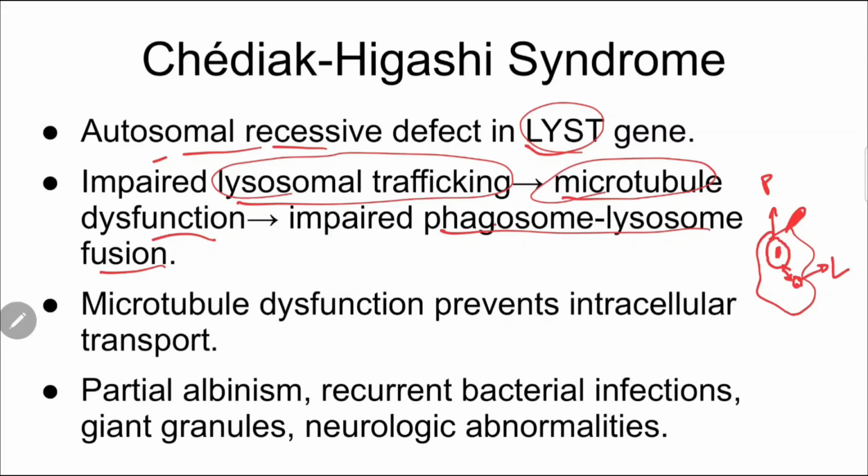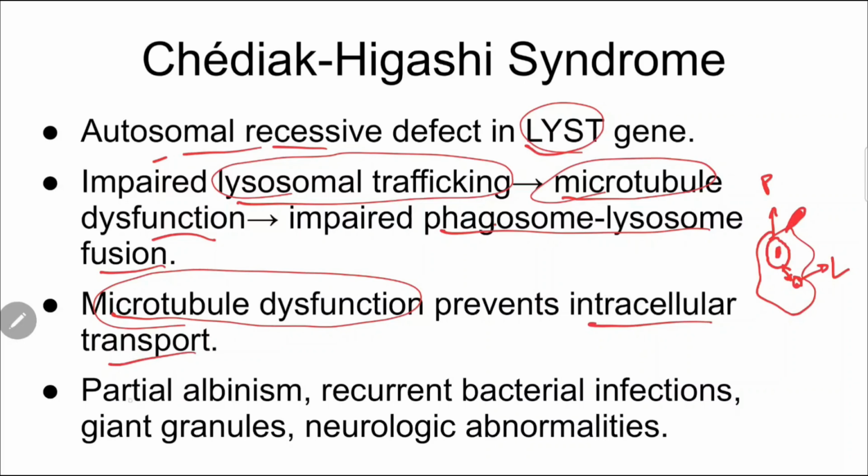Now this leads to some consequences, right? The first thing that you have to know is that this microtubule dysfunction is not only restricted to the phagosome and lysosome fusion, it also affects other processes. It prevents intracellular transport, and let me just explain.